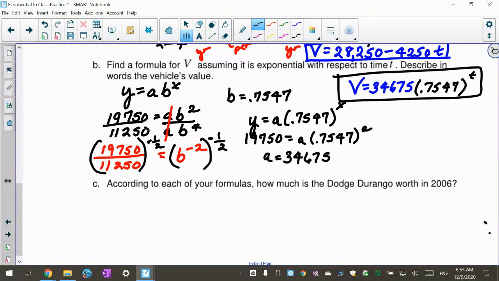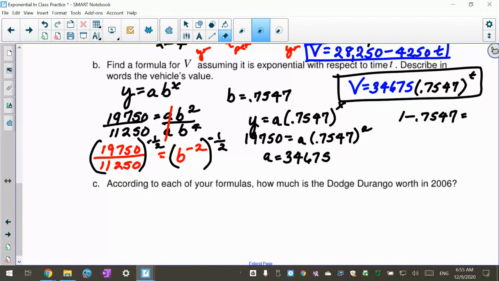So if I was describing this in words, I would actually have to subtract 1 minus my 0.7547 to get a number and then move the decimal place to show you how much it decreased every year. So it decreases almost 25% per year, not quite, but that's how you describe it. Now, I'm going to tell you right now, I didn't buy it for that much, but it's closer than this is. And you would say that I purchased it in 2000 for 34,675, and it's decreasing. I think it's 24 point something percent per year.